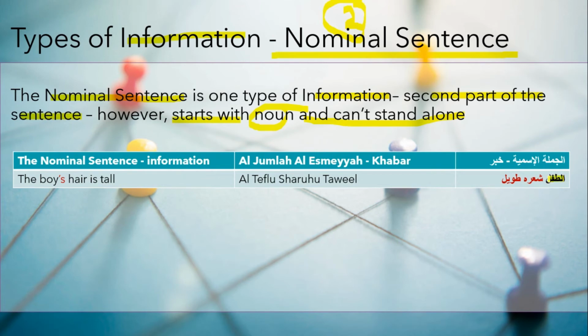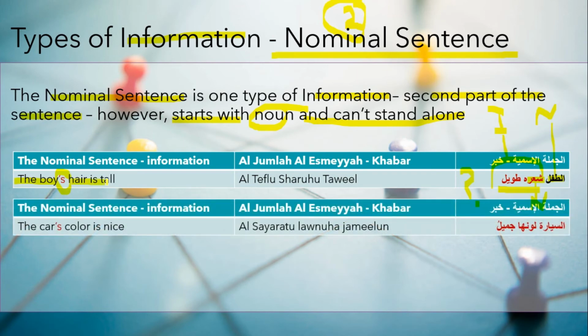Like in here, الطفل, this is the noun, which is the boy, شعره طويل. If I say شعره طويل, those two words are expressed to be information, but because the other part of the sentence starts with a noun, that's why we said جملة اسمية or nominal sentence. But if I say شعره طويل, hair is tall, what is the information that I'm giving to you? This is an information, but it's not full information.